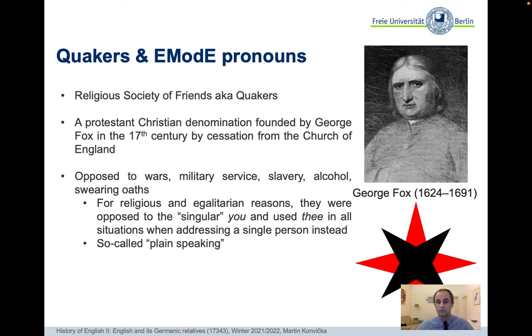He was in favor of what he called plain speaking, no politeness. And the Quakers, by the way, are a religious society that still exists, and they were actually awarded the Nobel Prize in 1947. But definitely not for their ideas about the use of pronouns.